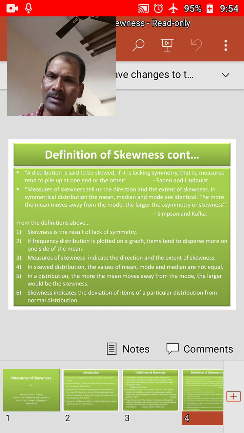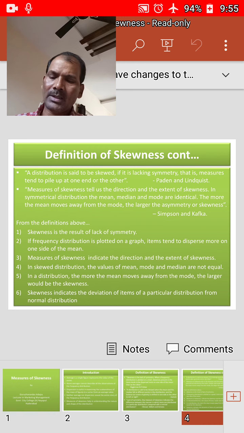In a skewed distribution, mean, mode, and median are not equal, whereas in a symmetric, unskewed distribution, the mean, median, and mode are equal.